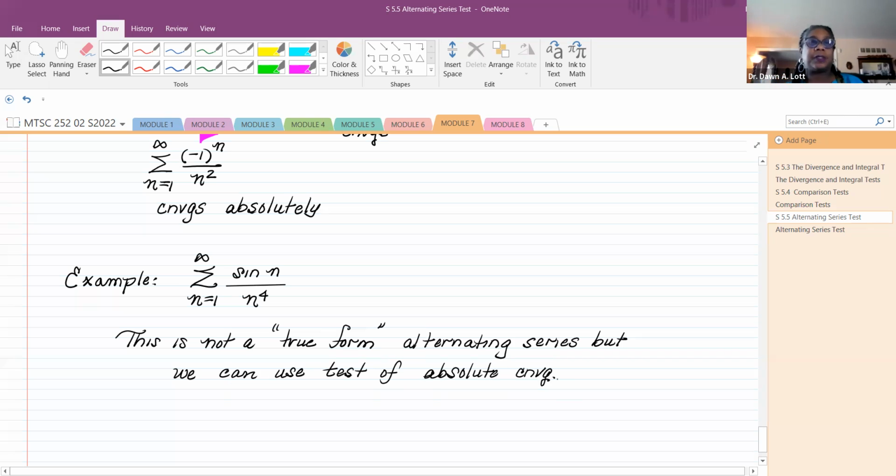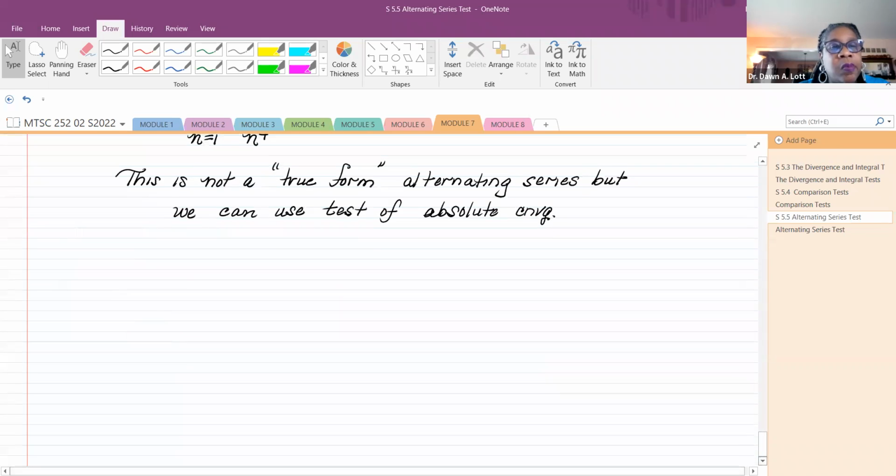Okay, so how can we use it? Well, the reason why we can use the test of absolute convergence is because I'm going to take the sum n equals 1 to infinity of the sine of n over n to the fourth. That's my original series.